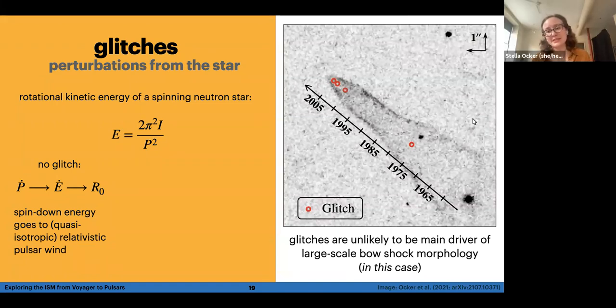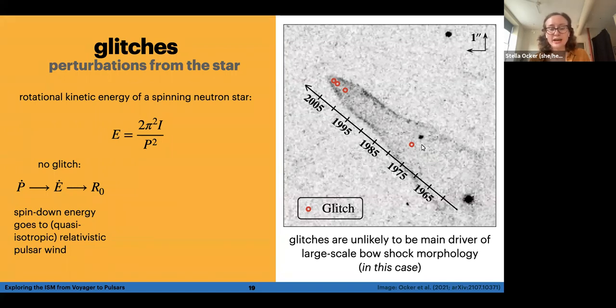So the answer is that one of the main things we can do is use the observed change in the spin frequency and frequency derivative from this glitch to estimate the energy release during the glitch. And then we can convert that energy release into a change in the standoff radius.